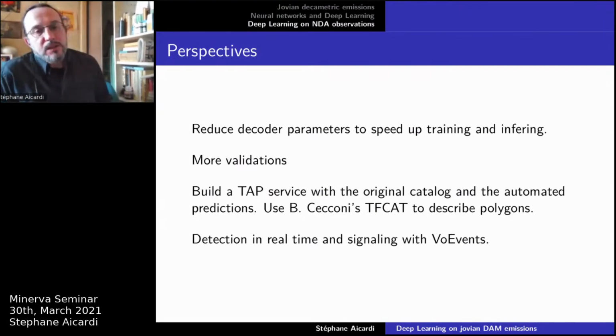Another use of this work would be to detect emissions in real time and use it to signal other services.